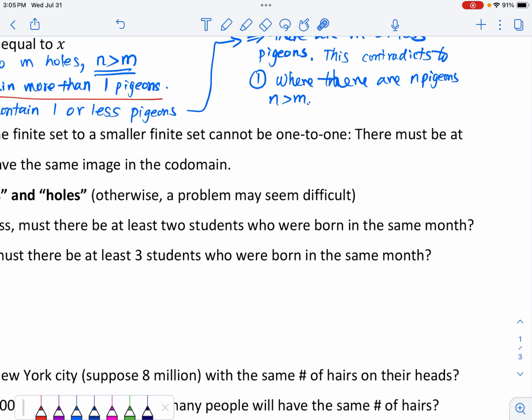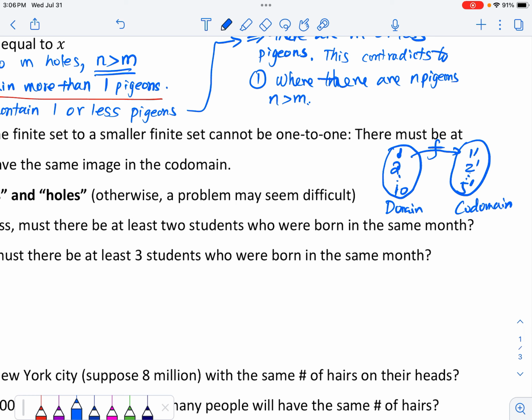Okay, let's visualize that. Suppose you have a function f from this domain to the codomain, and the number of elements in the domain is more than the number of elements in the codomain. So let's say we have 1, 2, and so on up to 10, and here in the codomain you have 1 prime, 2 prime, and so on, only 5, say 5 prime.